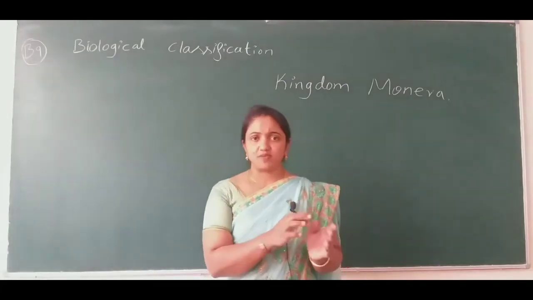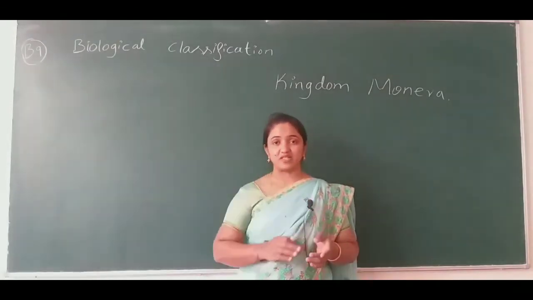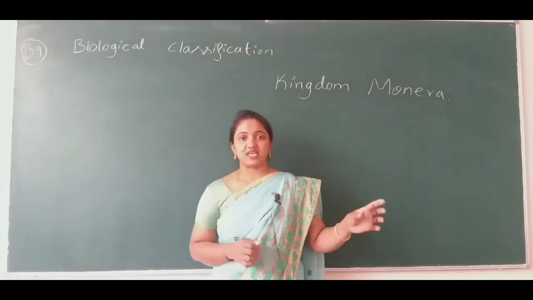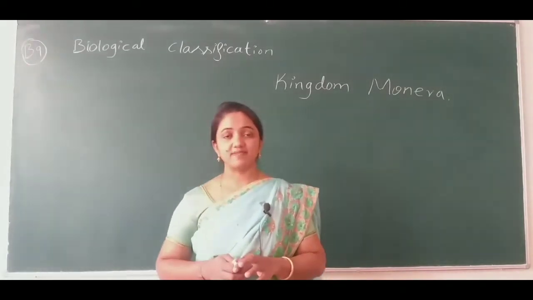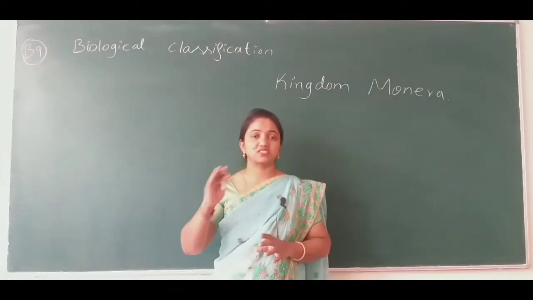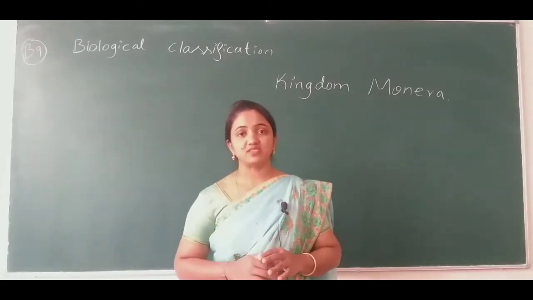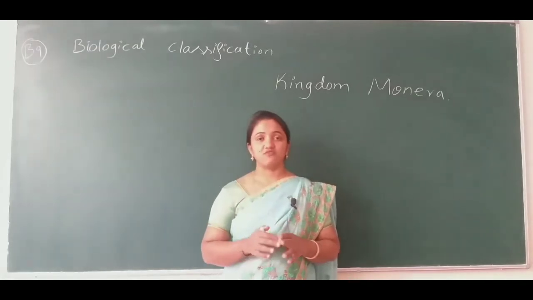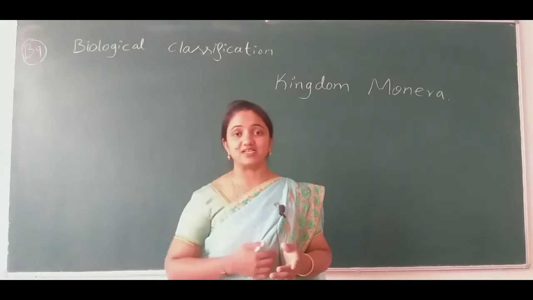Besides these characters, some bacteria are known as Archaeobacteria. They live in harsh or extreme environments or extreme habitats like hot springs and in the guts of cattle, cows and buffaloes.